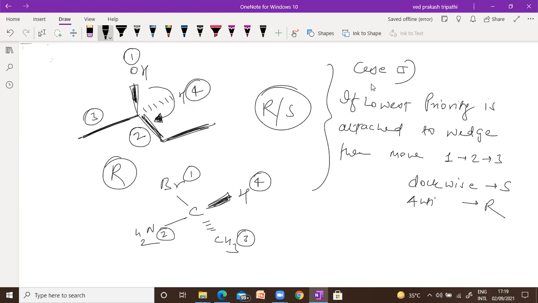Move 1 to 2, and you can see here the lowest one is associated with wedge. It means we can apply case second this time. So move 1 to 2. 1 to 2 is going anti-clock. So if it is anti, it means R. So we can say R. Any doubt? Please tell me.